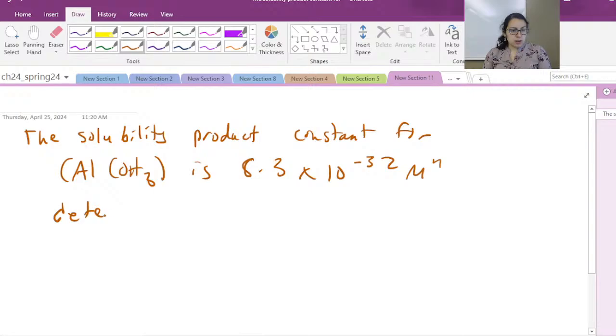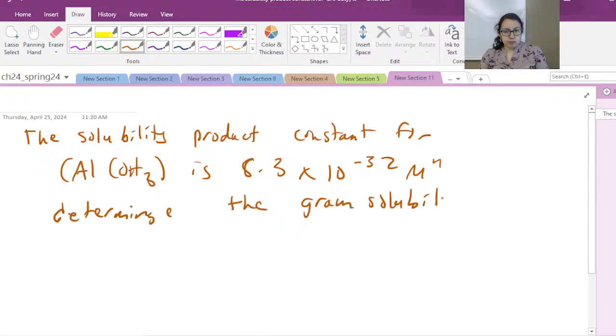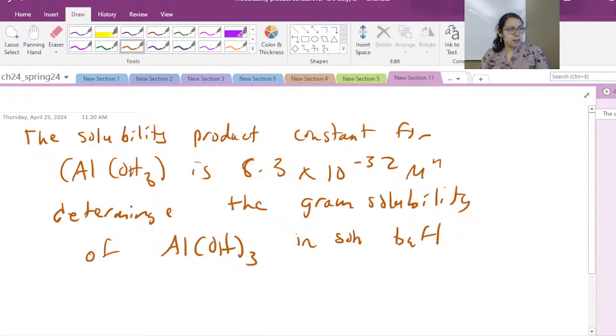So determine the gram solubility of aluminum hydroxide in a solution buffered at 10 pH.